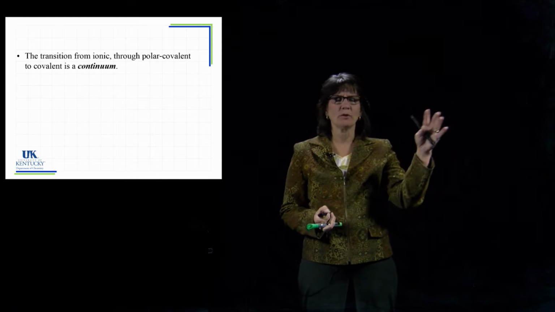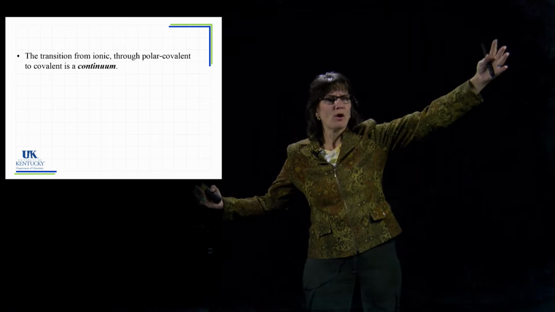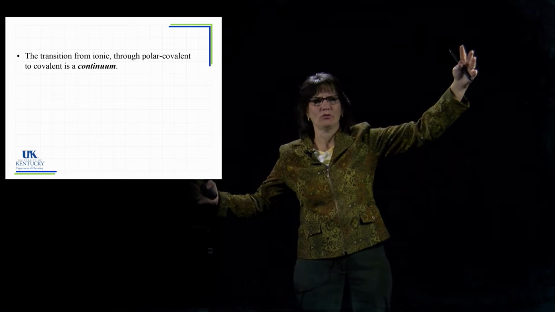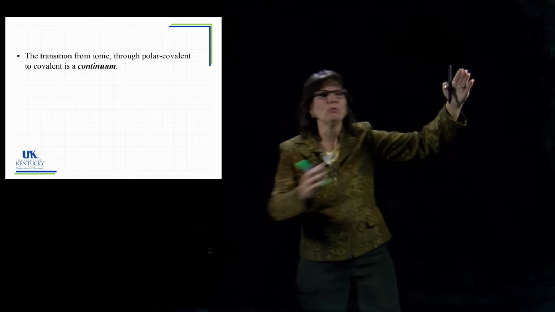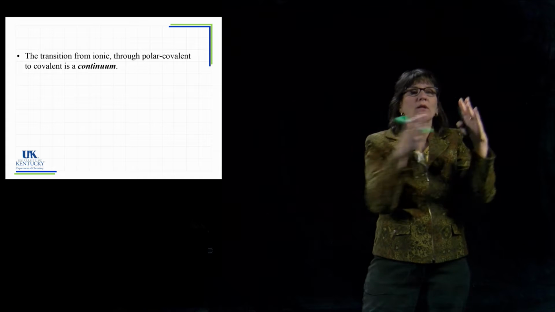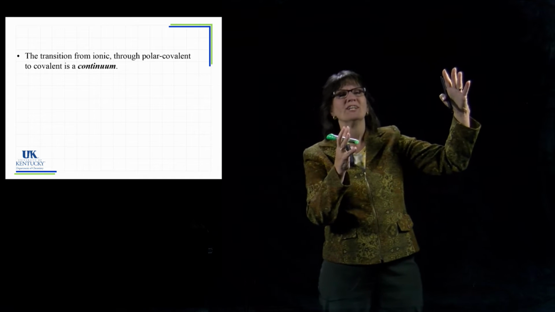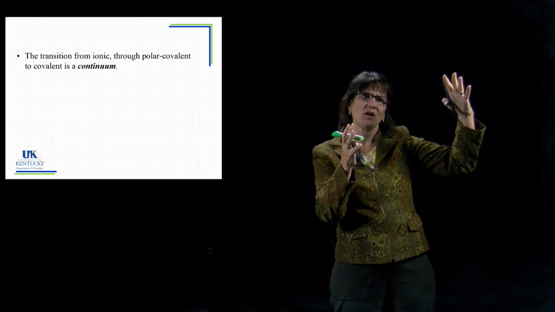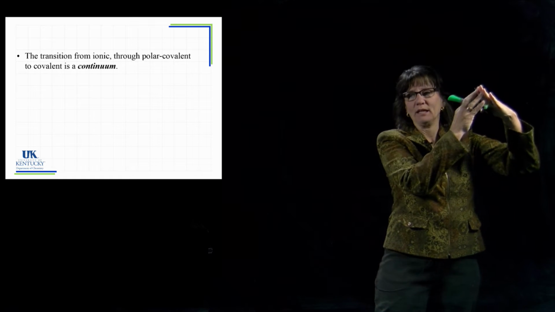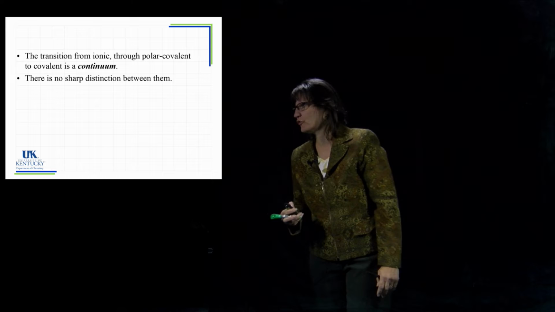As we look at elements on the periodic table, if they're really far apart, they're definitely going to have ionic character. They're not sharing. If they're really close, maybe even the same atom, they're going to be sharing perfectly equally. But as they get closer and closer, it's sharing but not equal sharing, and it's getting better and better, until it's really equal sharing. So it's a continuum across the board.